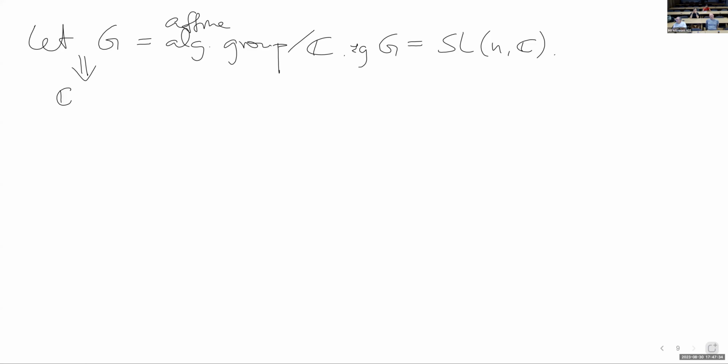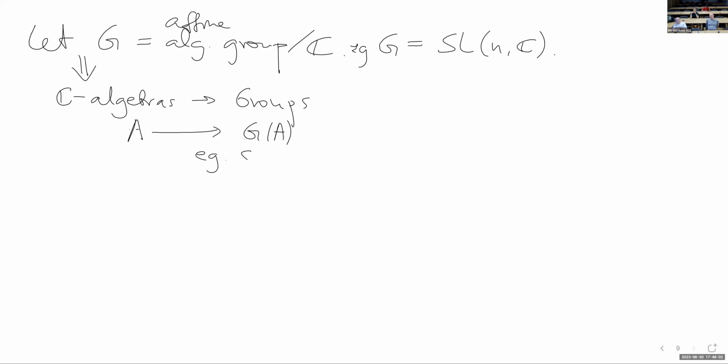Then G induces a functor from C-algebras to groups. You take a C-algebra A, and it induces G(A).